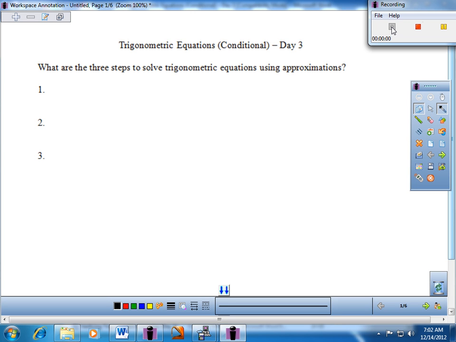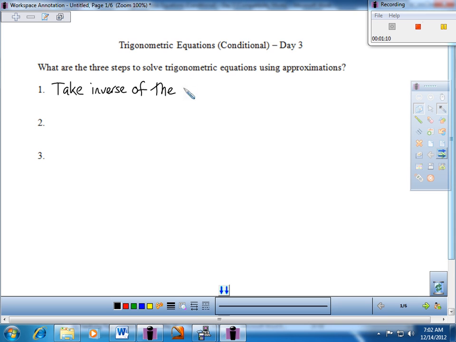So here we go. Number 1, we have to find the reference angle. What we decided is to take the inverse of the absolute value of the ratio to get the reference angle.